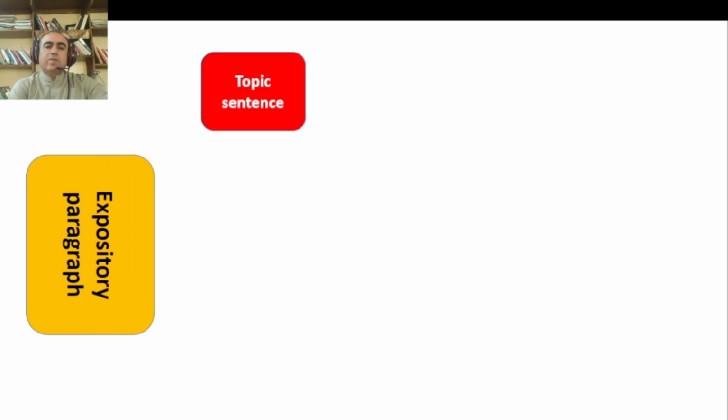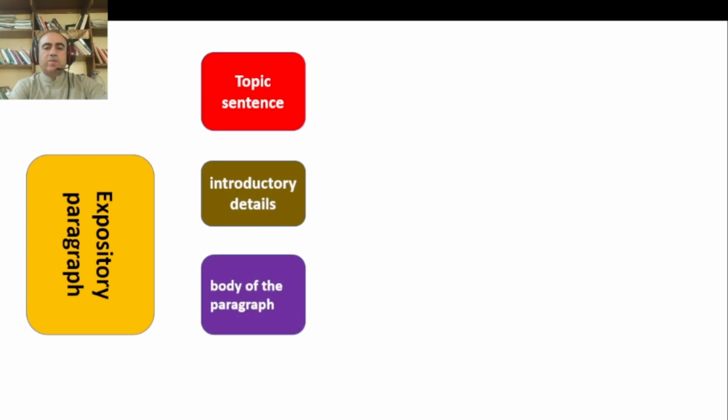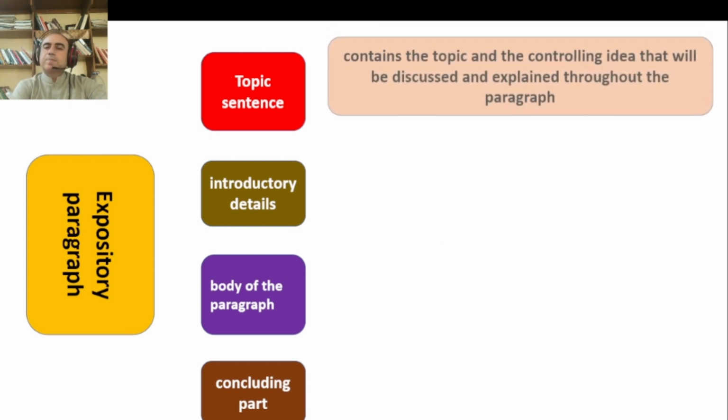An expository paragraph contains a topic sentence, introductory details, then the body of the paragraph, and then the conclusion. An expository essay has four parts: topic sentence, introductory details, body paragraph, and the concluding part.